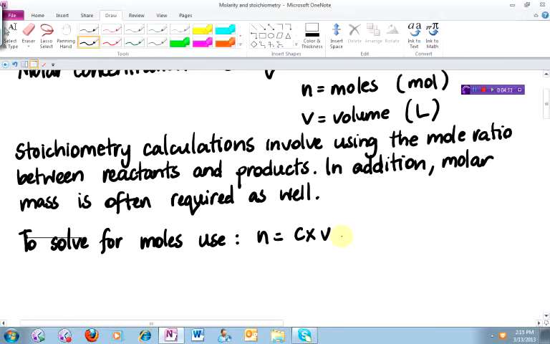Just remember that your volume has to be in liters, so don't forget to convert from milliliters.